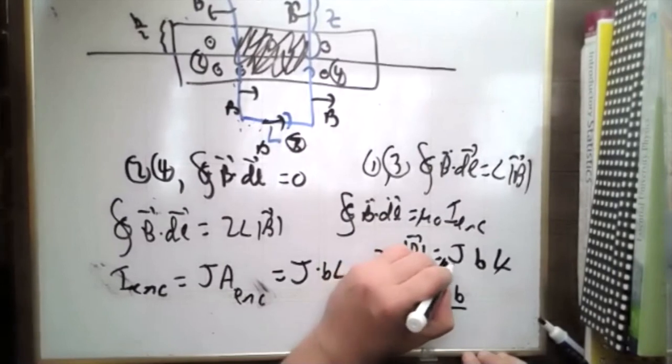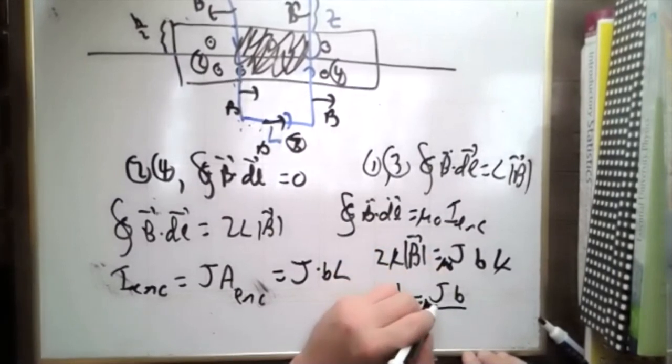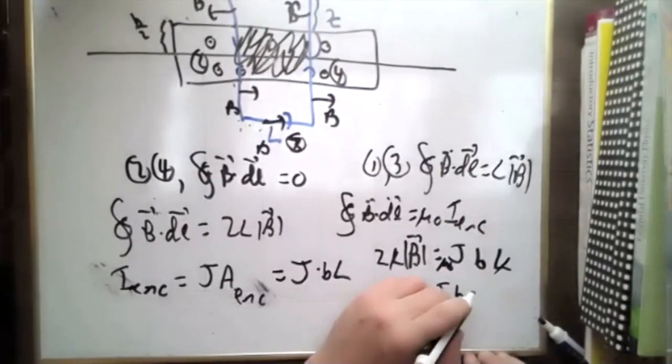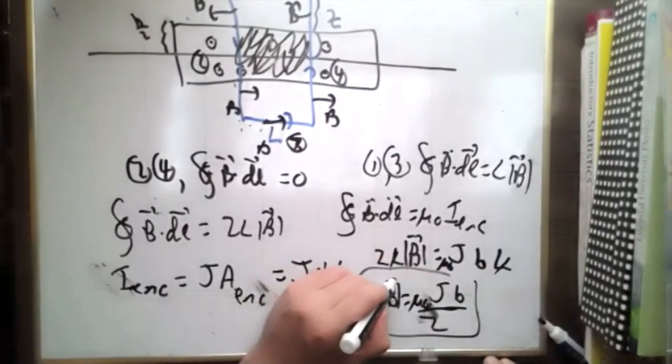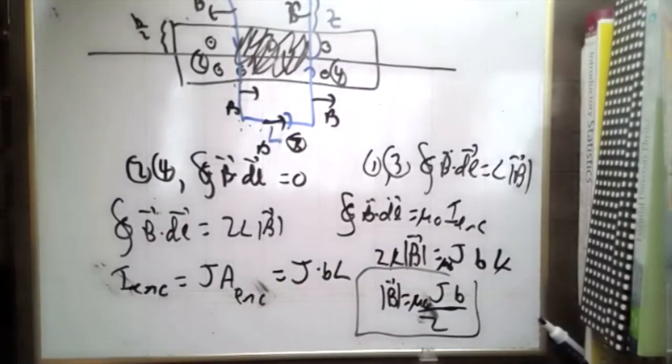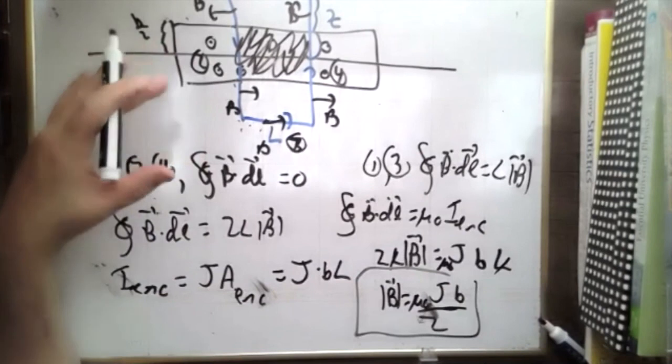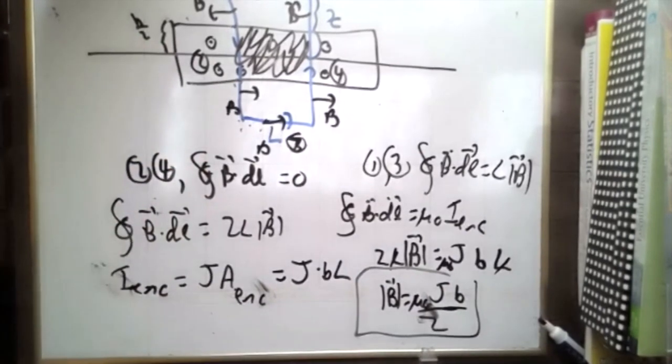And I forgot my mu naught again. Mu naught over 2. That is a constant. Outside, the magnetic field is constant because this thing is basically a thick plane. And we know the magnetic field from a plane of current is constant. So that shouldn't surprise us.